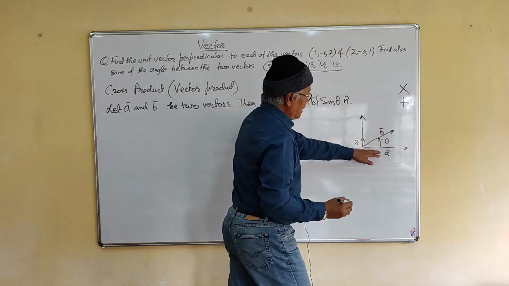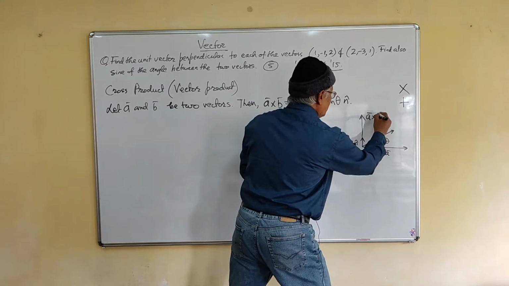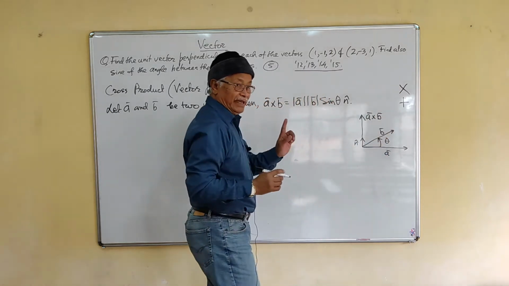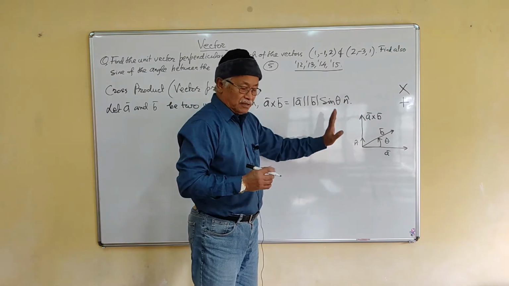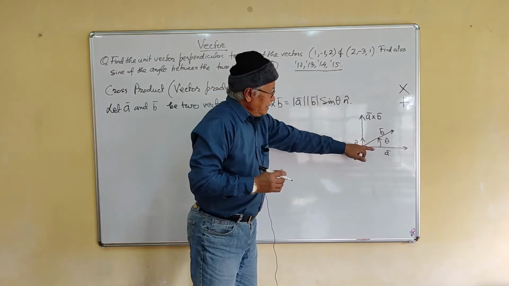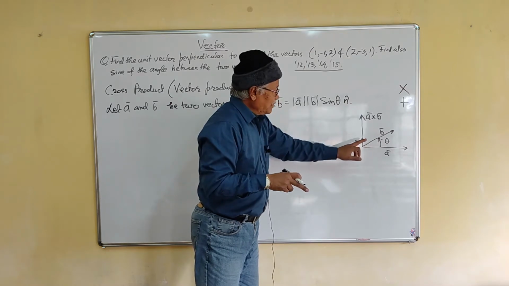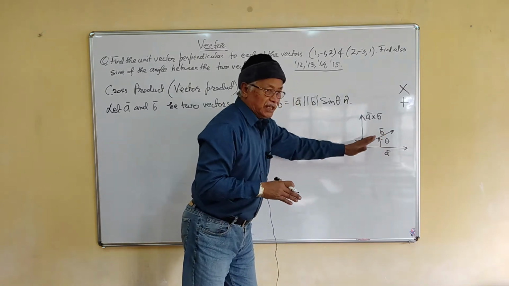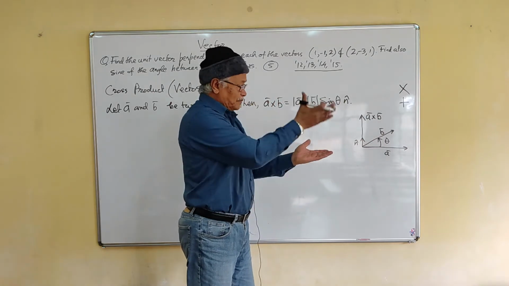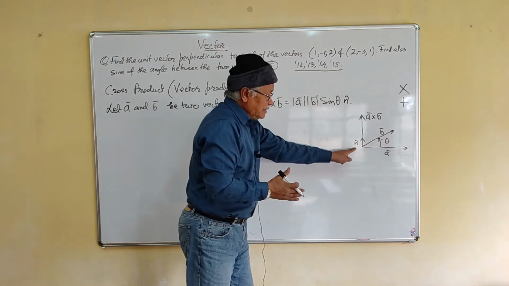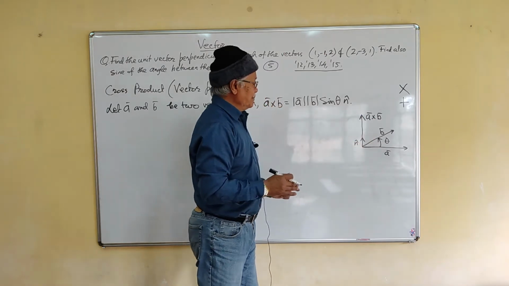That means A cross B will be a vector perpendicular to both A and B. So this is to be noted properly. A cross B will be a new vector perpendicular to the plane containing A and B. So it will be like that, where n is a unit vector perpendicular to A as well as B.